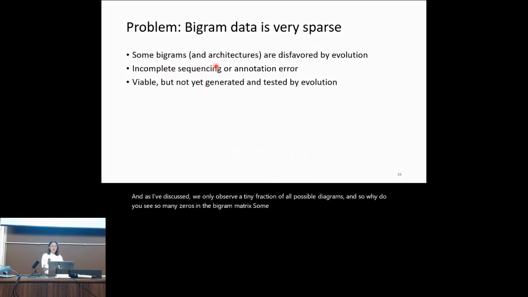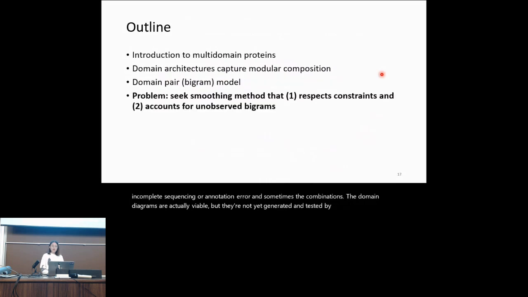Some bigrams, and therefore domain architectures, are disfavored by evolution, and so we don't see them together. Also there can be incomplete sequencing or annotation error. And sometimes the domain bigrams are actually viable, but they're not yet generated and tested by evolution. So we need a smoothing method to fill in the zero entries in the bigram count matrix.